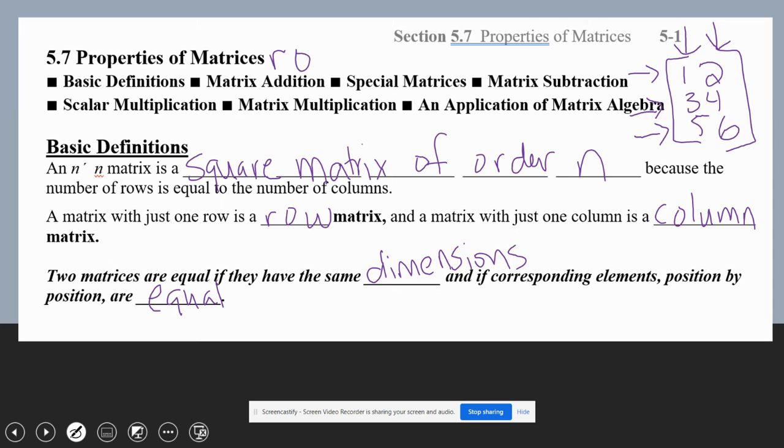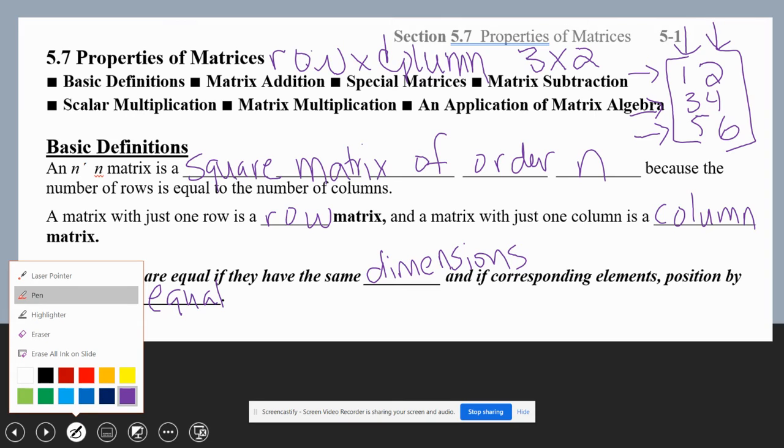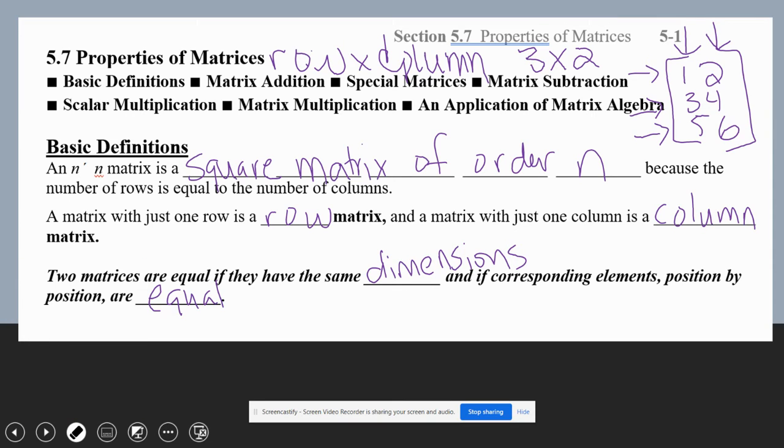We named them row by column. So the matrix that I just wrote would be a 3 by 2. And that matters. It matters that you go row by column, especially when you get later on into multiplication. So make sure that you're paying attention that it's row by column.